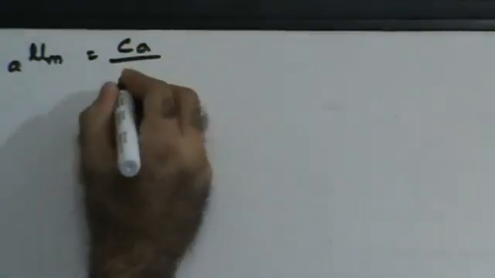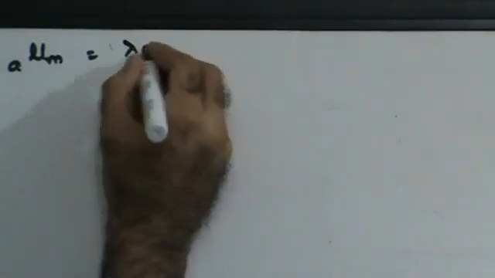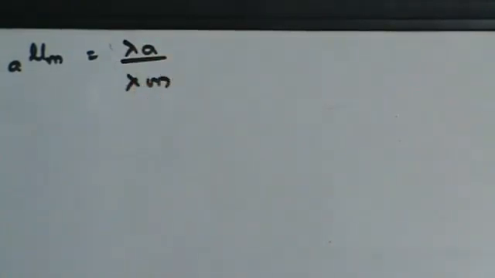Let's see this. I can say that refractive index of the medium with respect to air is nothing but velocity in air upon, no, they haven't given you velocity, they have given you wavelength. So this is wavelength in air upon wavelength in medium.